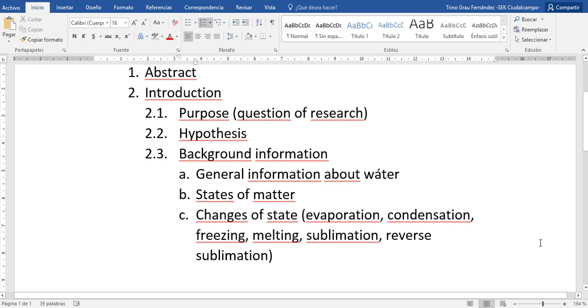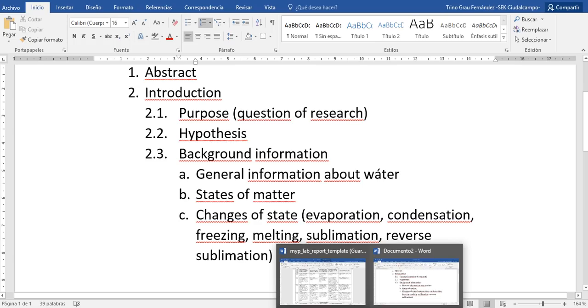Remember, you need to include the changes of state and the information about the changes of state. You need to include how they happen in terms of the corpuscular kinetic model.